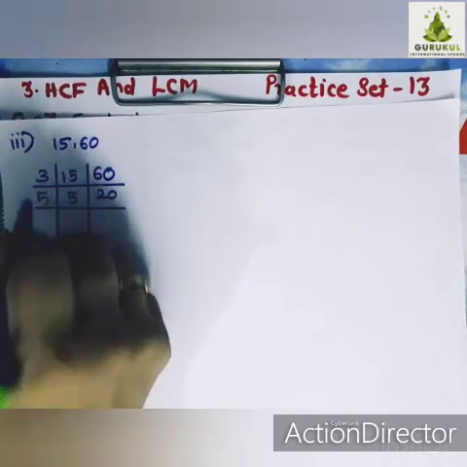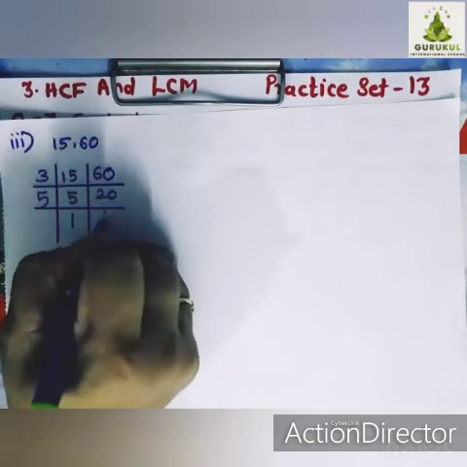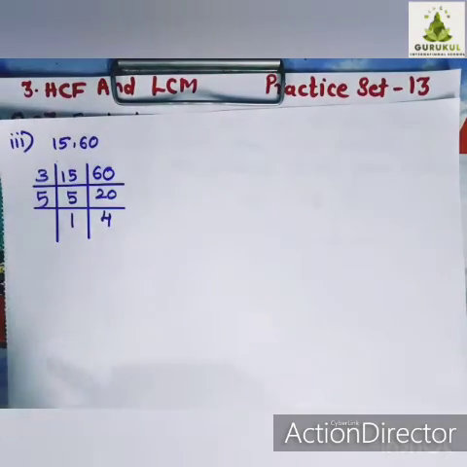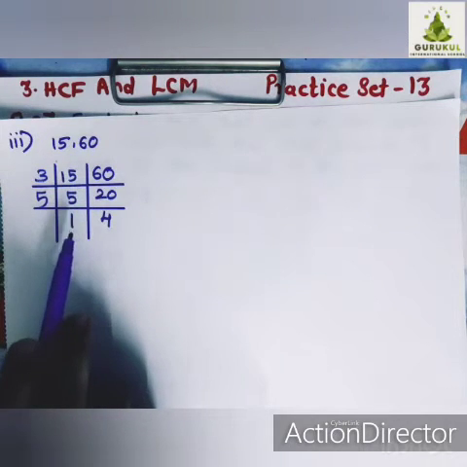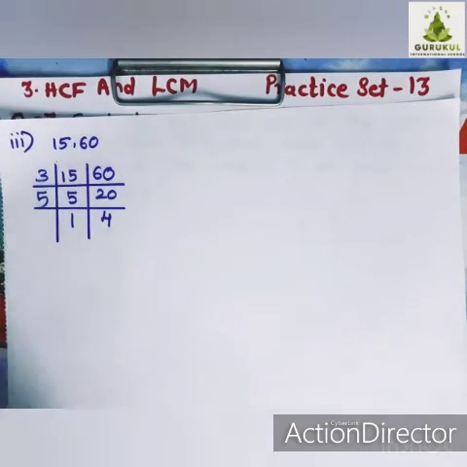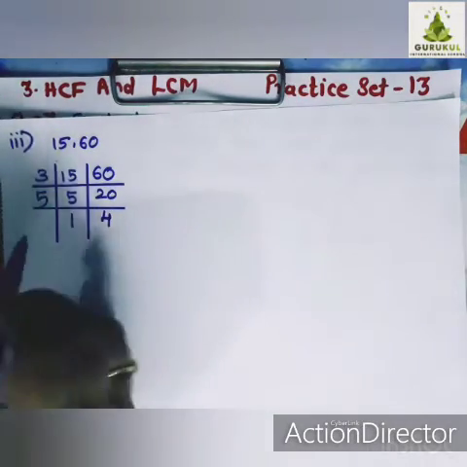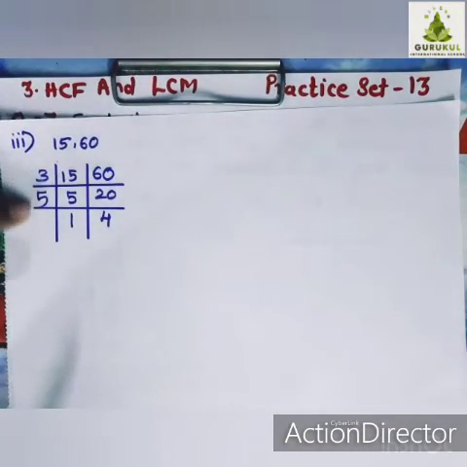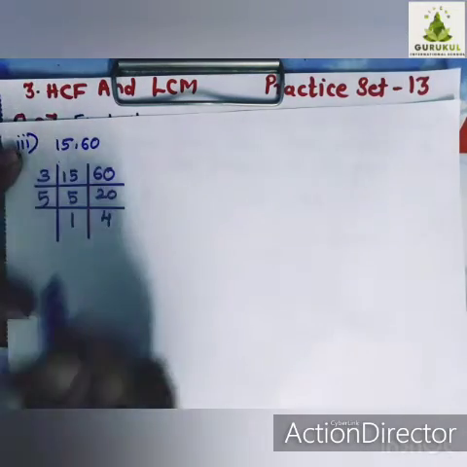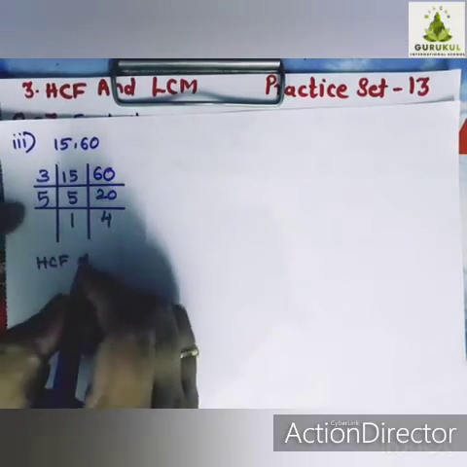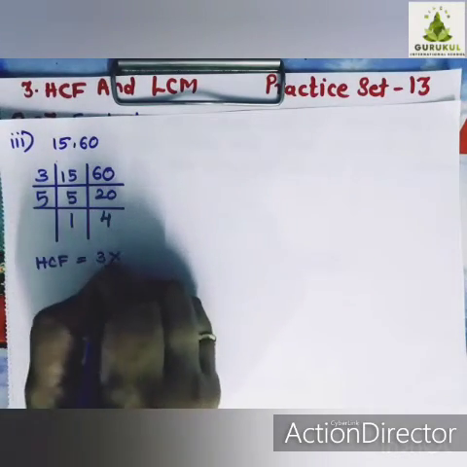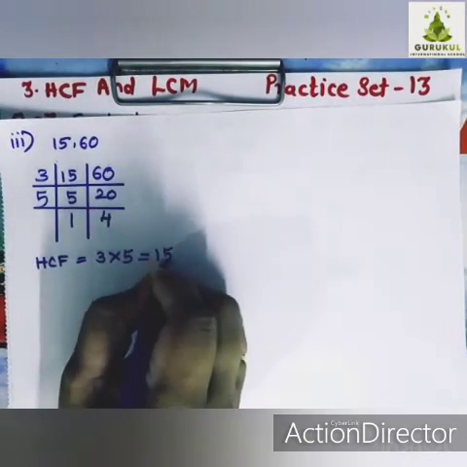Next again we'll take 5. 5 1s are 5, 5 4s are 20. Now 1 and 4, the numbers came in such a way that there is no other number common for 1 and 4. So while writing HCF, what I told you, this side numbers, prime factors. Okay, so HCF is equal to 3 into 5, 3 multiplied by 5, that is 15.